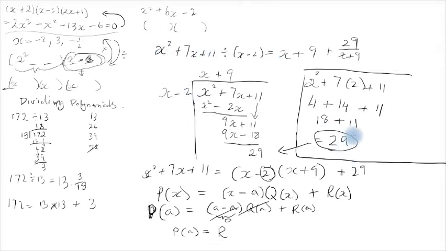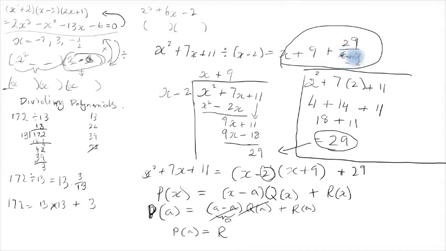So there's an extra bit of a shortcut, but of course this remainder theorem does not tell you what the answer is. It will tell you this, oh, hang on. I've made a boo-boo, this bit here, 29 over x minus 2.